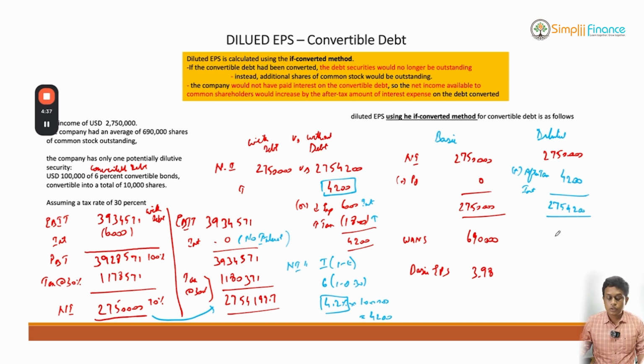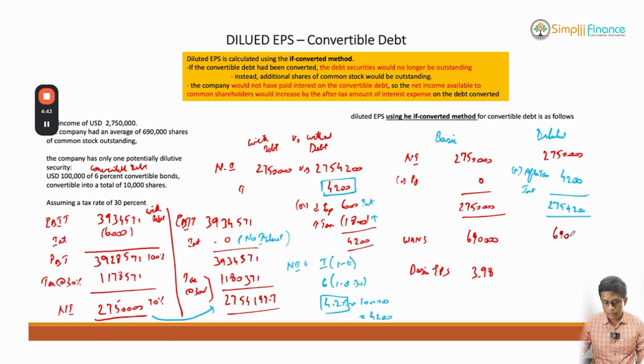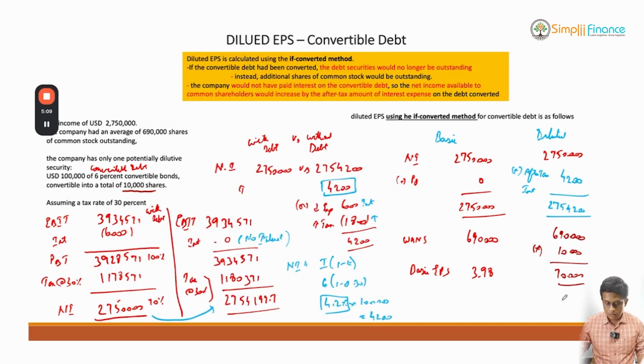The weighted average number of shares here is constant at 690,000, plus there are some more dilutions, and this gets converted into 10,000 shares. So the denominator becomes 700,000. Therefore, the diluted EPS should become 3.93. This is the diluted EPS.